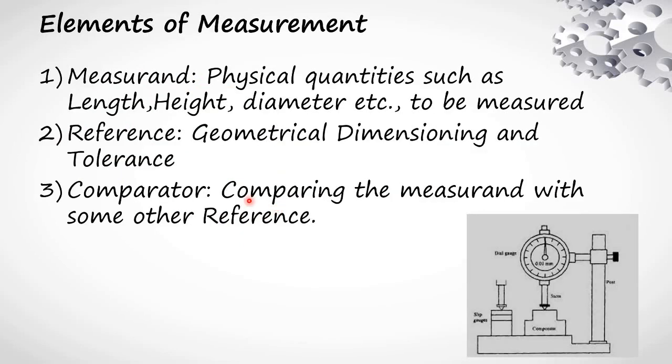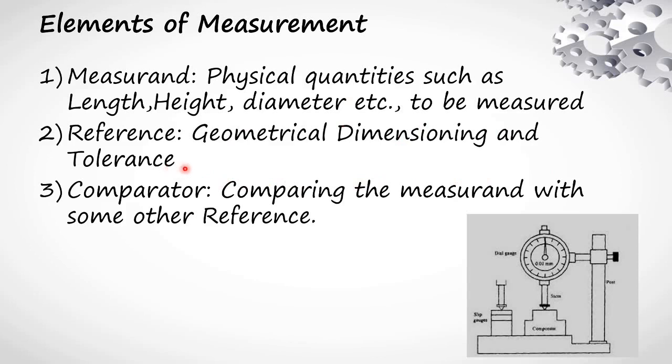And coming to the elements of measurement: measurand, reference and comparator. You can see clearly the diagrammatic representation of measurand, reference and comparator. The term measurand refers to the physical quantities such as length, height, diameter, etc. to be measured.